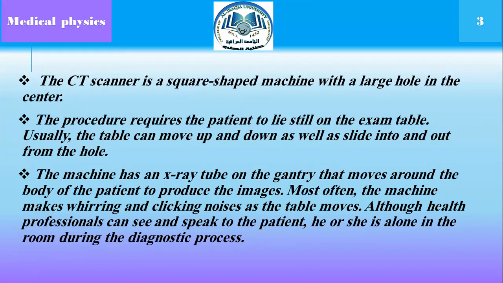Most often, the machine makes whirring and clicking noise as the table moves. Although health professionals can see and speak to the patient, he or she is alone in the room during diagnostic process.